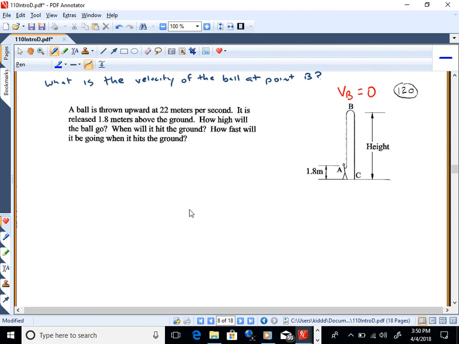All right. Which way does acceleration act on this thing? It's down. Okay. And what is the acceleration, do you suppose? Being as it's on Earth and it's affected by gravity. Yeah, 9.81, okay?